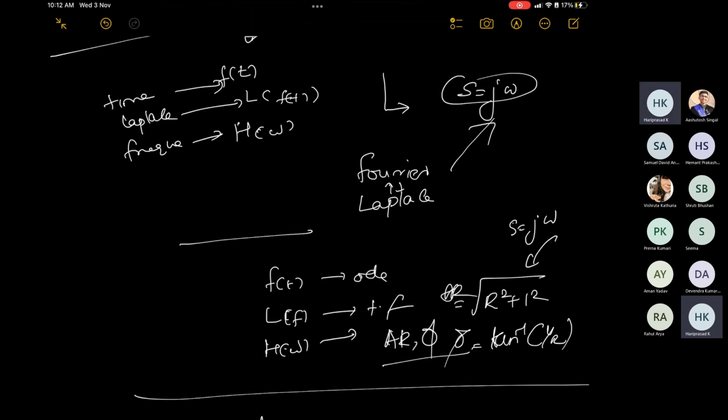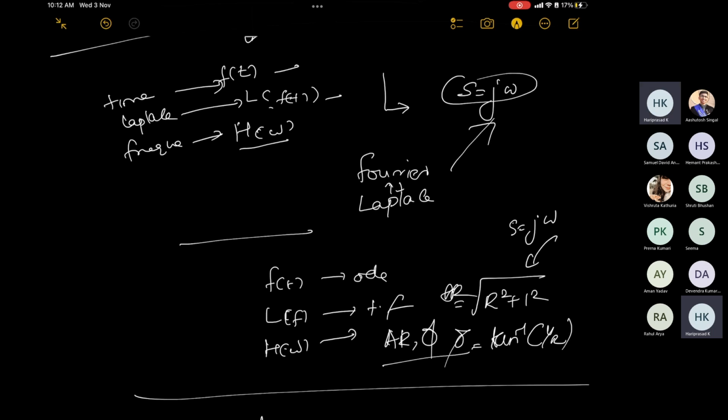Just to summarize what I told: the time domain is f of t, the Laplace domain is L of f of t, and the frequency domain is a function of frequency.